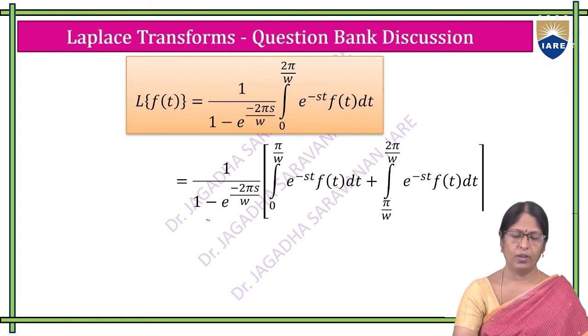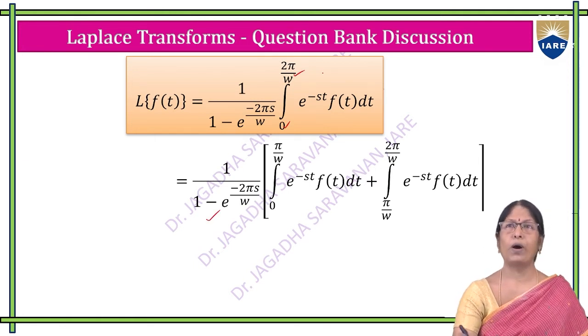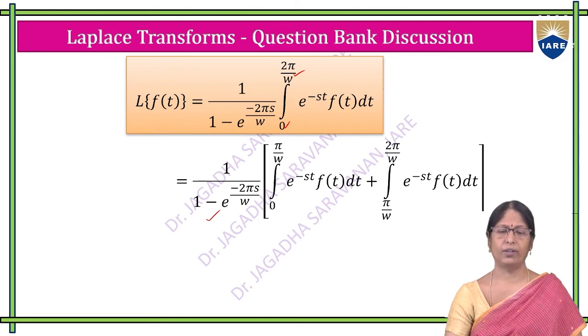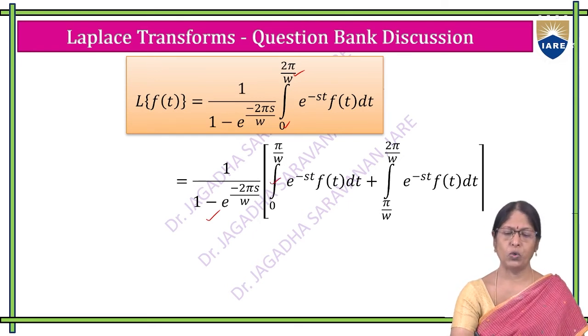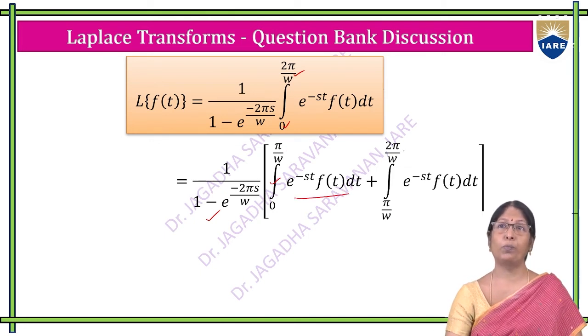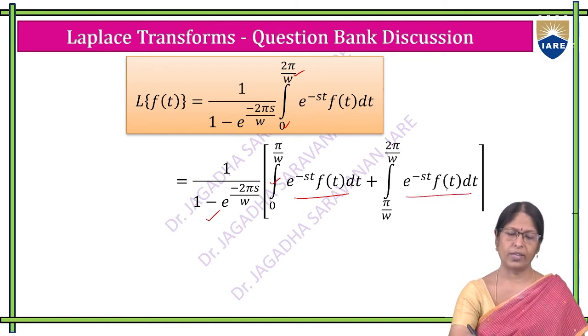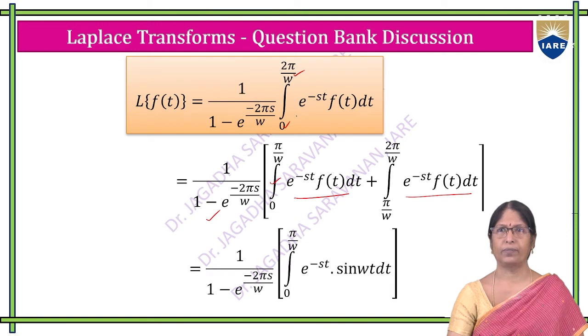Now, 0 to 2 pi by omega, the starting limit is 0, the ending limit is 2 pi by omega, according to our problem condition, but there is a break. Because the function which is given is one function from 0 to pi by omega, and another from pi by omega up to 2 pi by omega, so we divided the given integral into two parts.